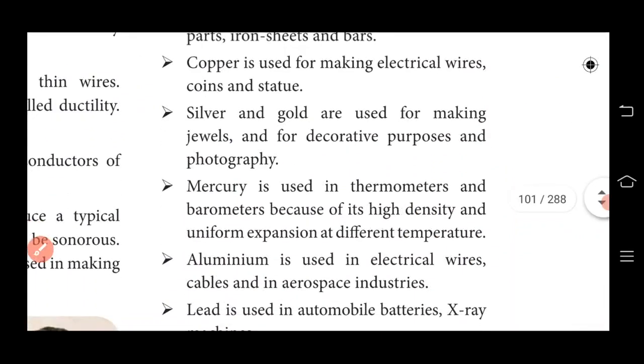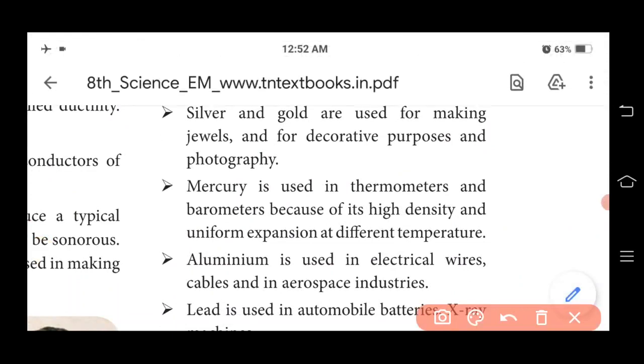And then mercury. We know that mercury is a liquid metal. Mercury, the only liquid metal, is used in thermometers and barometers. A barometer is an instrument used to measure atmospheric pressure. Mercury is used because of its high density and uniform expansion at different temperatures.